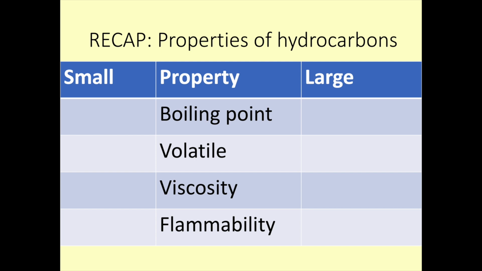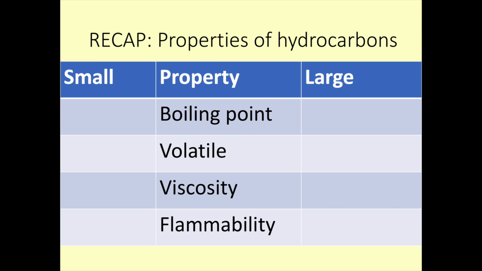So small hydrocarbons, their boiling point is low. Large, it is high. Volatility, our small hydrocarbons have a high volatility, very easy to turn into a gas. Our large have a low volatility, very difficult for them to turn into a gas.